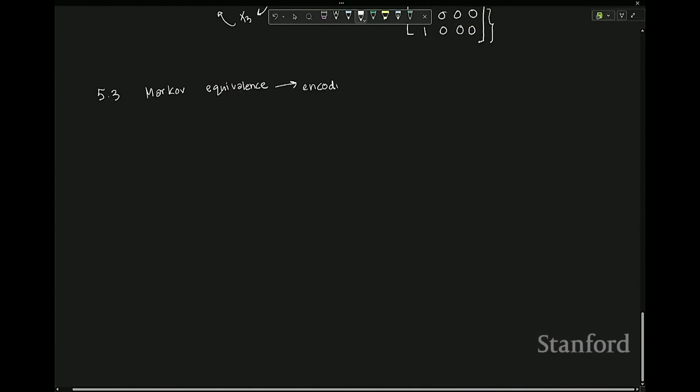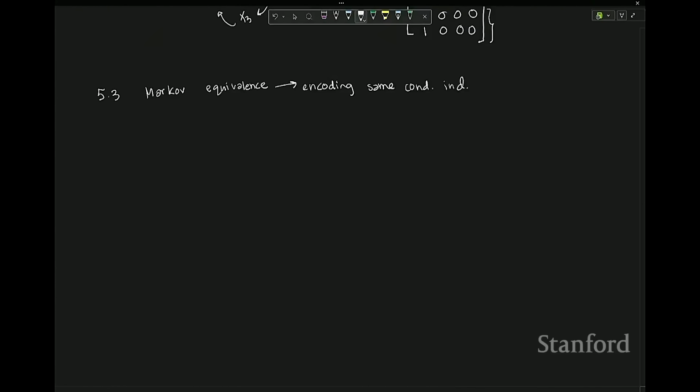That sounds pretty complicated, but actually we just need to check for two things. First, we need to check that they have the same undirected edges.